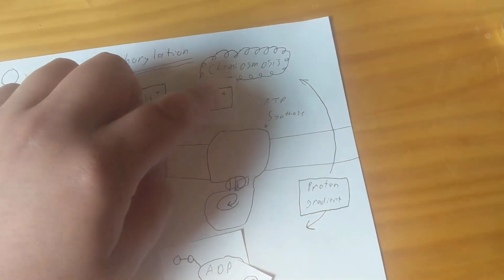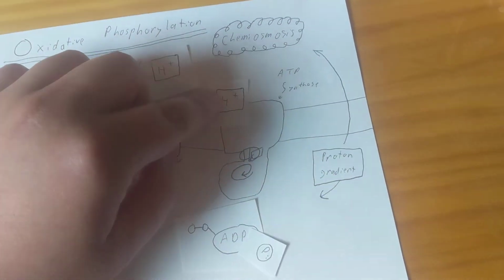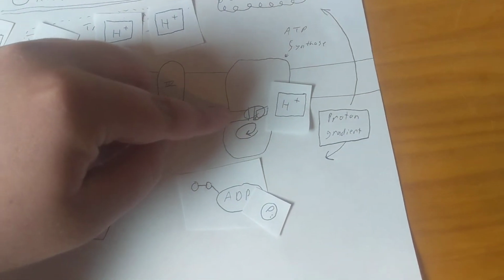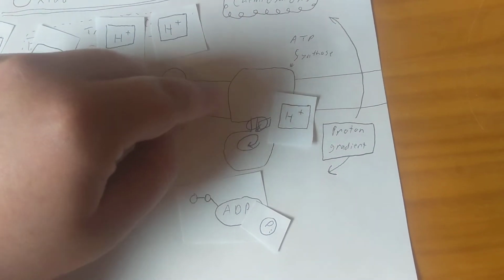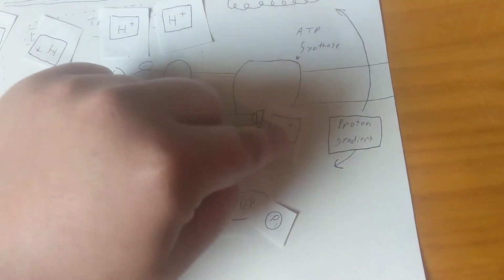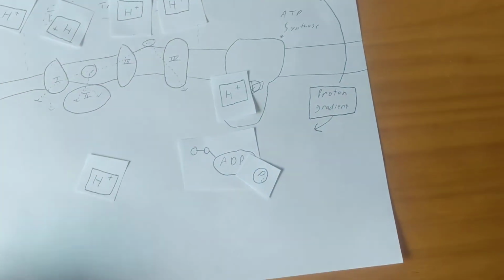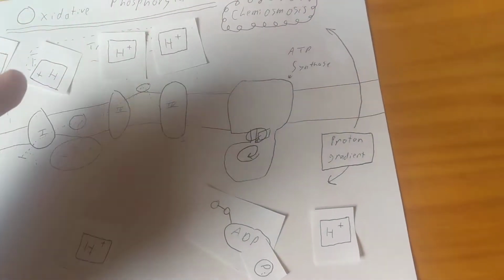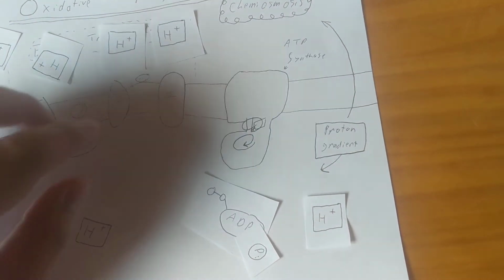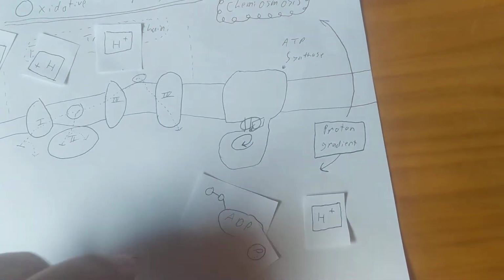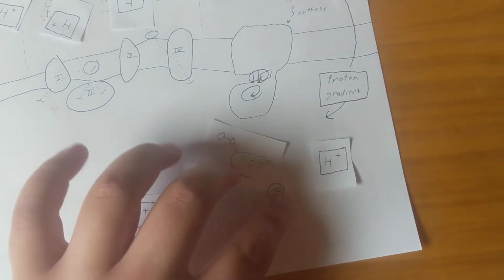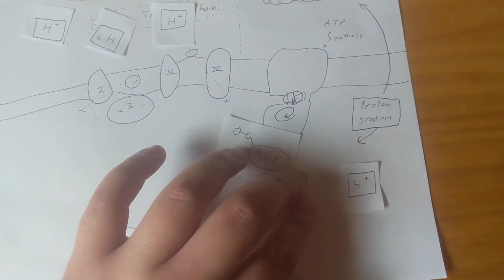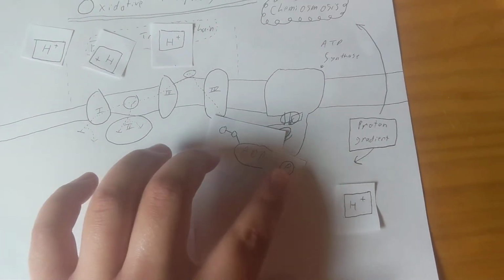What happens is the protons, or the hydrogen ions, move down their concentration gradient, and enter into this little tube right here, which ends up spinning as they move in and then eventually get moved into here. Now that spinning creates energy, and when that energy is released, ADP and inorganic phosphate enter ATP synthase.